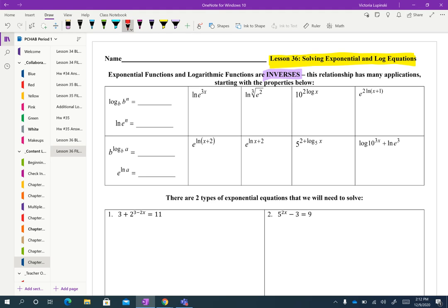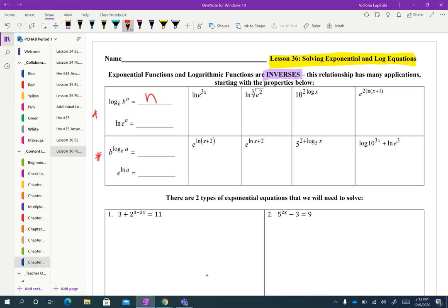They don't have fancy names, but they're here in the left-hand boxes. So it turns out, using the idea that they are inverses, if you have log base b of an exponential of the same base b raised to a power, you can go ahead and use the property of inverses to essentially cancel that log and that base, which would just leave you with whatever is up in the exponent.